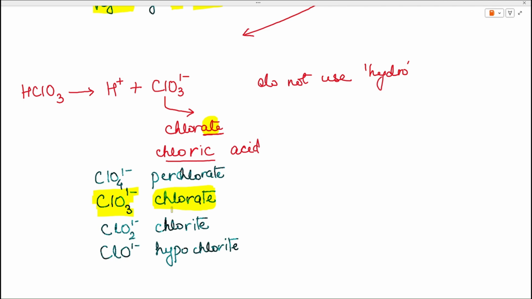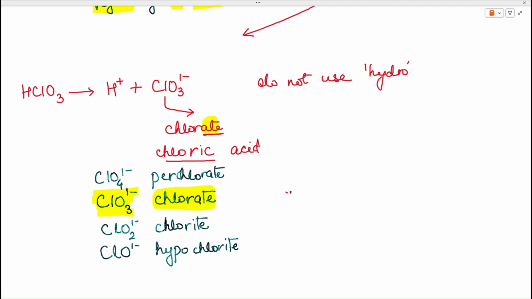The only important polyatomic ions you need to learn, if your teacher does not provide you with the polyatomic ions list, are all the ates. So chlorate, sulfate, phosphate, nitrate. Those are the only ones which you need to know. I'll just apply the same thing to sulfur with oxygen. So let us look into that also.